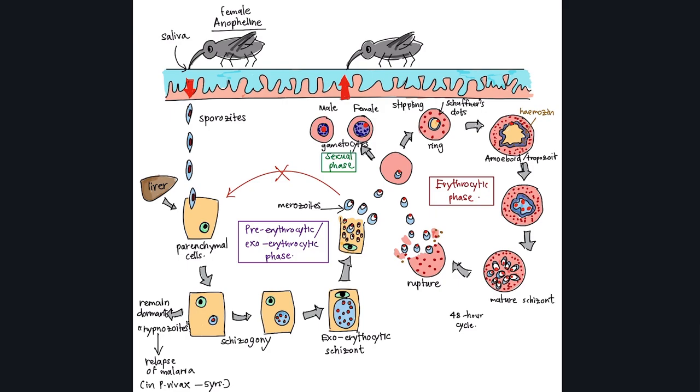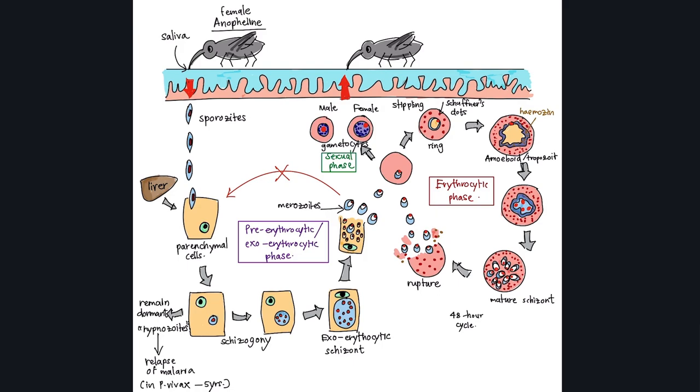In Plasmodium vivax, we can find all these stages in the peripheral blood, but in Plasmodium falciparum we cannot find the amoeboid, trophozoite or schizont stages because they get sequestered in the deep visceral blood vessels.